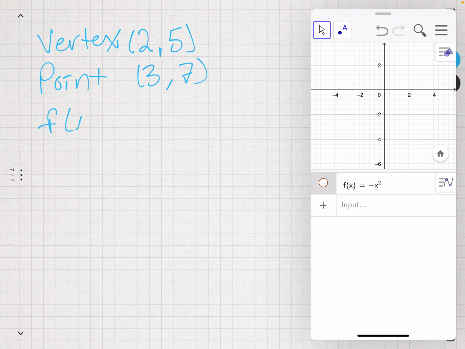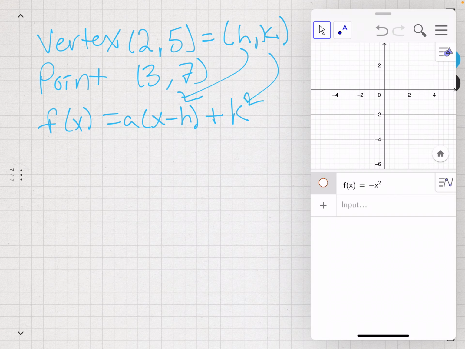So our standard form is f of x equals a times (x minus h) plus k. Now, if you remember a couple slides ago, I said that vertex (2, 5) is our point (h, k). And that's why we like standard form, because immediately we can see where the vertex of a parabola is based on this form. So we get a times (x minus h), where h is 2, plus k, which is 5.